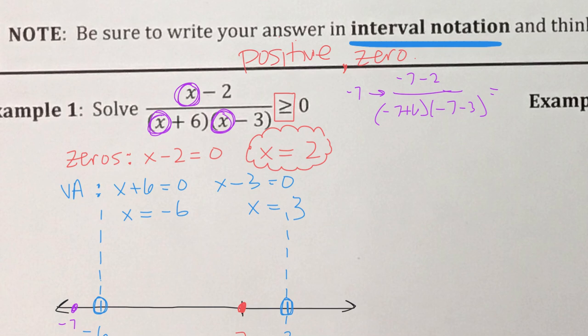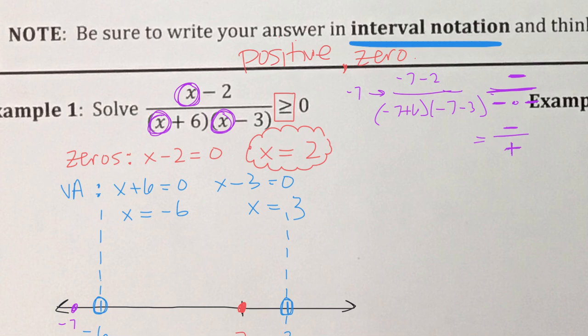And now let's evaluate. What's -7 minus 2? Well, that's a negative number. So our numerator is going to be negative. -7 plus 6 is a negative number, times -7 minus 3, which is a negative number. So what's a negative times a negative? Positive.